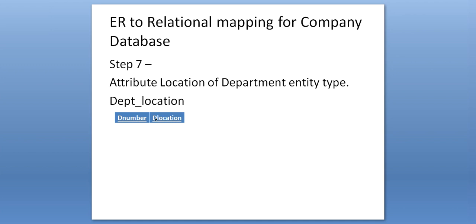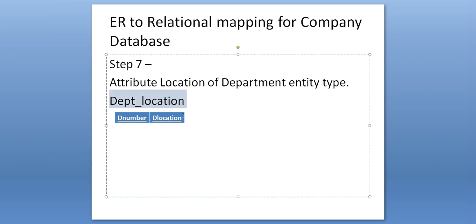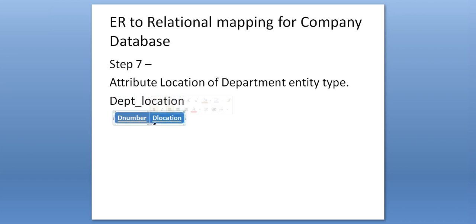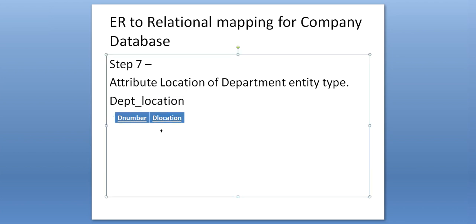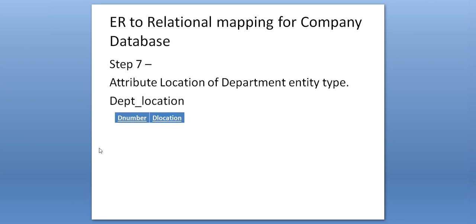So that's why I'm using only the relational schema here. Relational schema means the name of the relation and then the attributes of the relation, isn't it? So that is showing here. So this thing along with this is the relational schema for that particular relation.